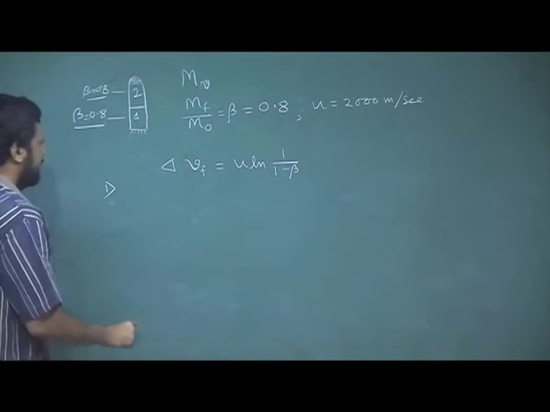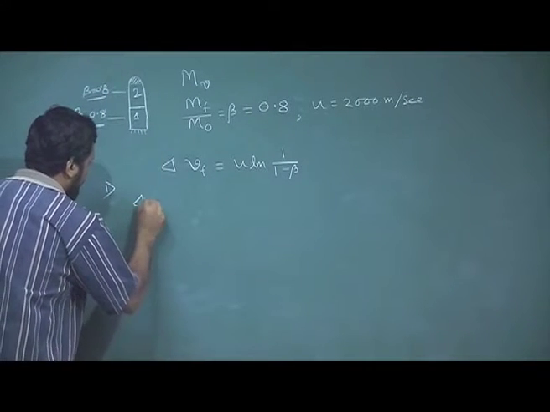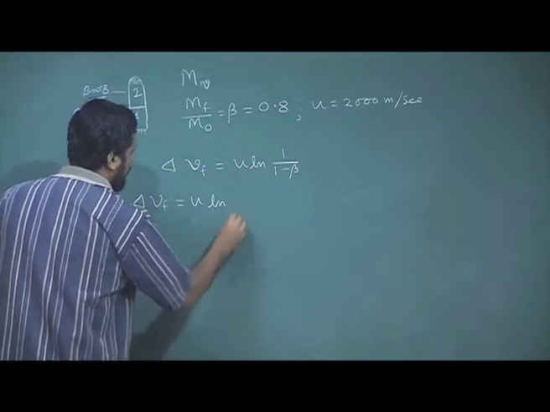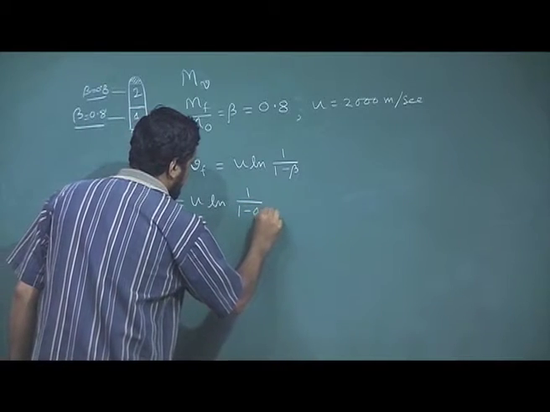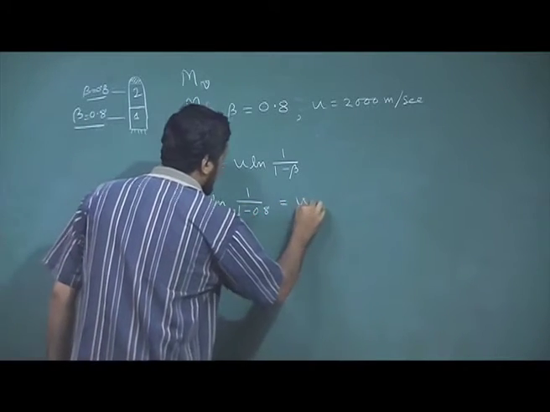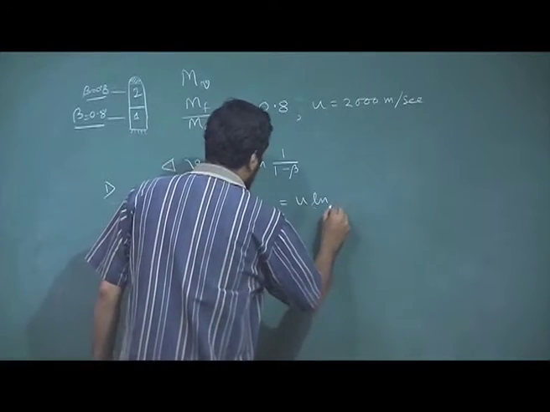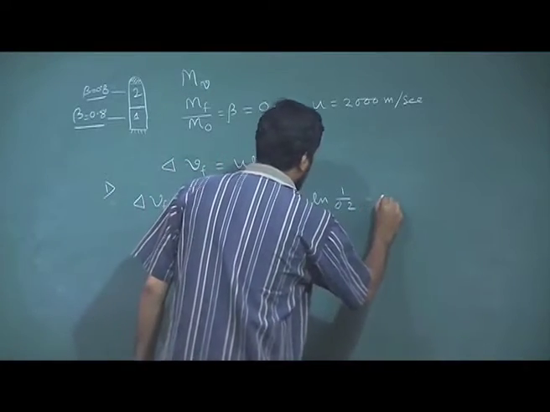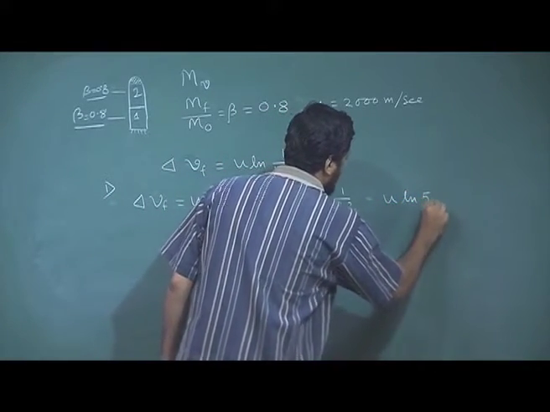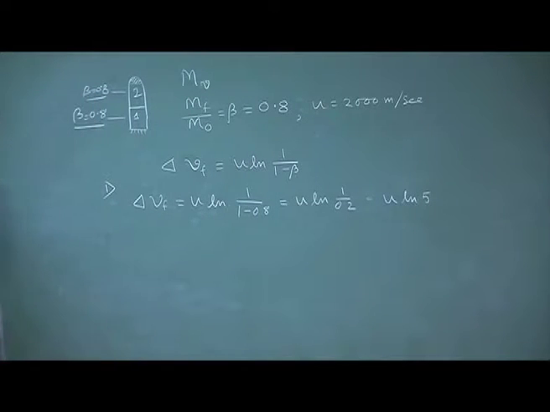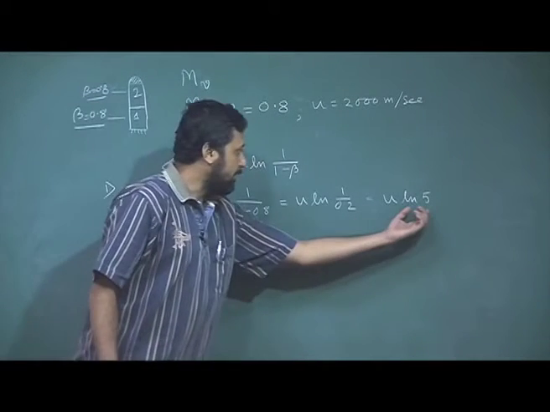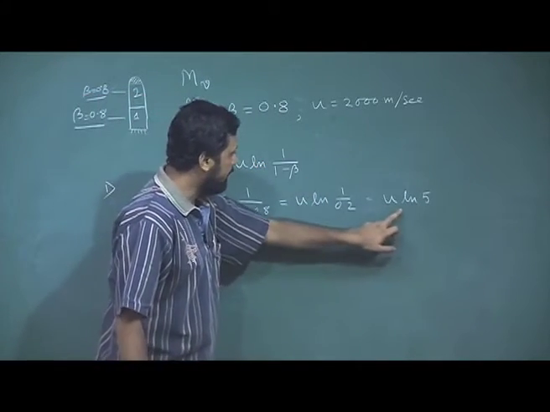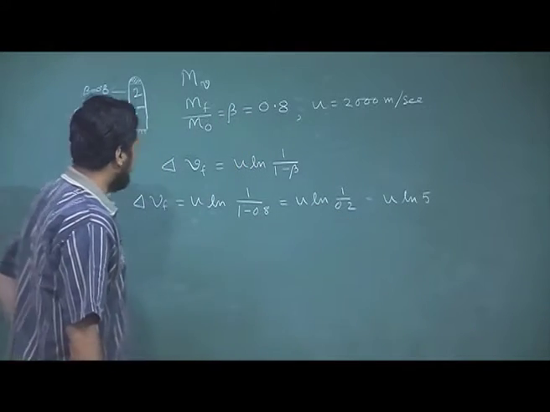So after the first stage is exhausted, we have a total velocity change which is given by u ln 1 by 1 minus 0.8, that is u ln 1 by 0.2, which is equivalent to saying ln 5, right. Okay. Now if we put the value of ln 5, then we already have the value of u. So we immediately know what is the value of the velocity change, right.